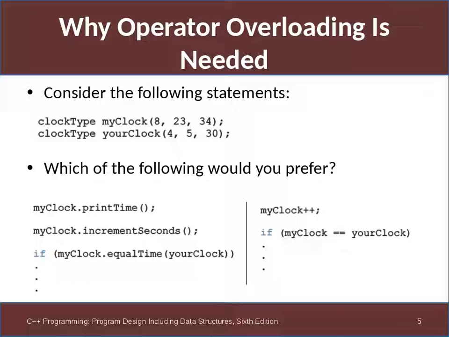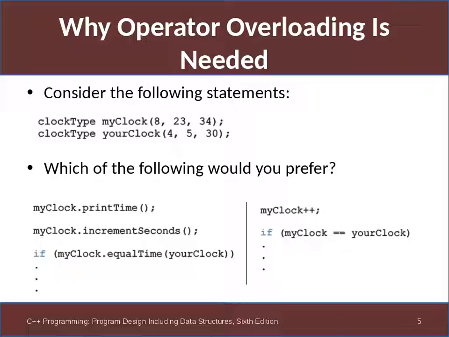So this is with operator overloading. This is a great example. Look at the code. Do you prefer the code on the left or the code on the right? The right, because it looks simpler and shorter, it's easier to read.